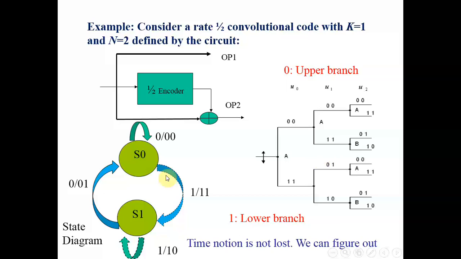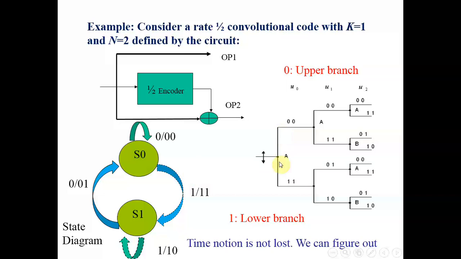So the convention is, if you receive 0 in a particular state, you show the transition by a solid line, and if you receive 1 in a particular state as an input, you show the transition with the dotted line. So this particular encoder has two states, S0 and S1, and these are the transitions which are shown that completes the state diagram of this encoder.